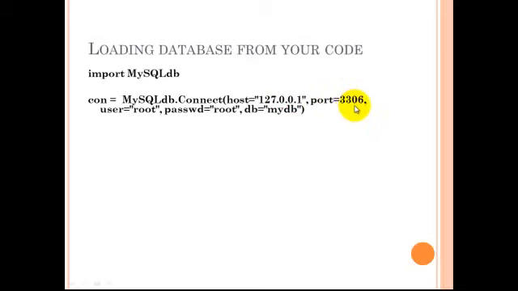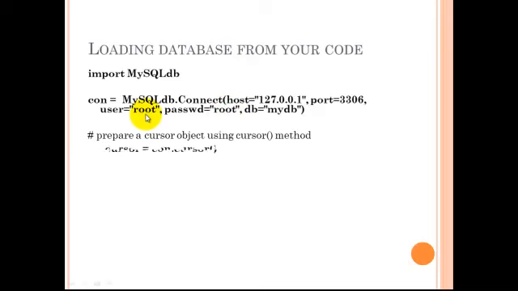Port number 3306 is the standard port number for MySQL. For other databases, the port number may change. Then your database instance name, and the username and password which you configured at the time of installation. Then we need the cursor preparation, which holds the query part and execution part for your database requirements.